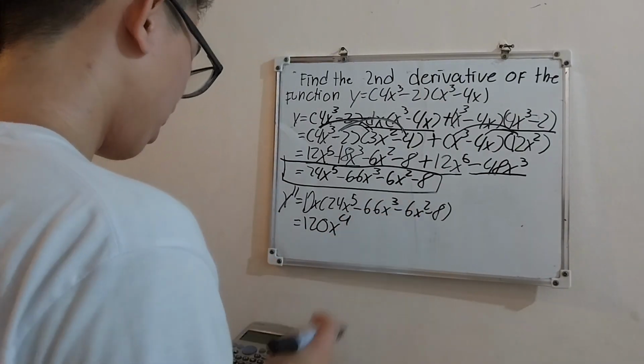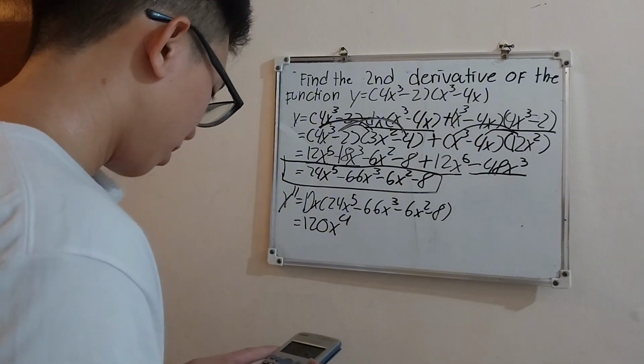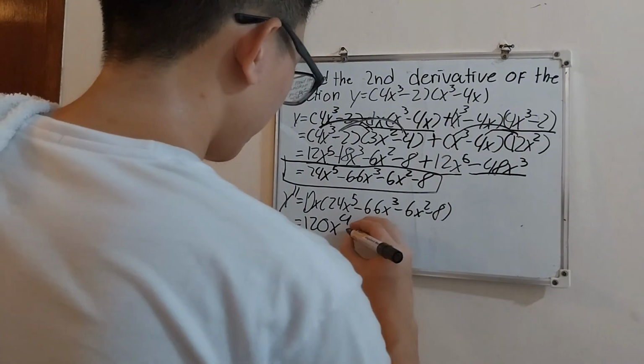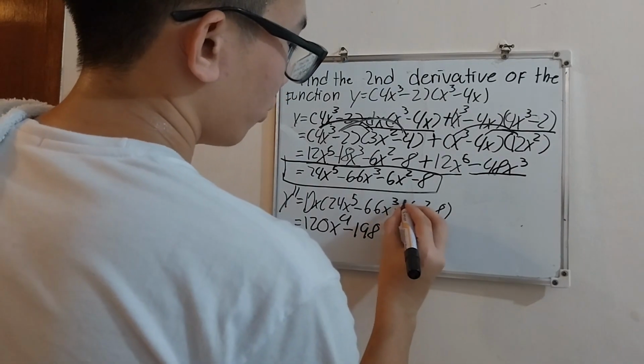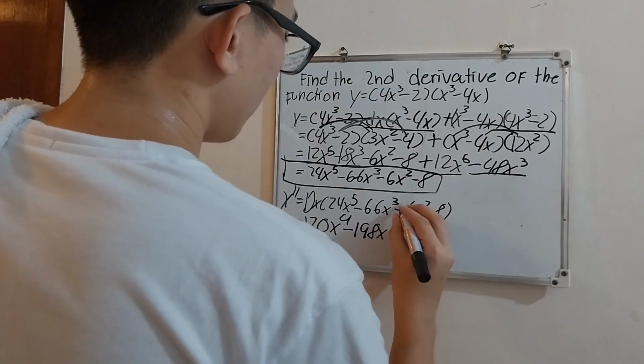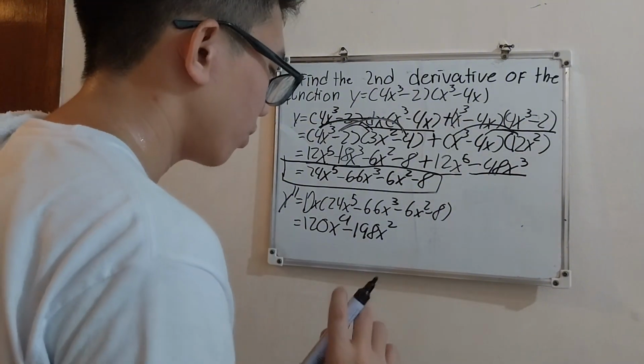and then 3 times negative 66 is equal to negative 198, x to the 3 minus 1 equals 2, negative 198x squared.